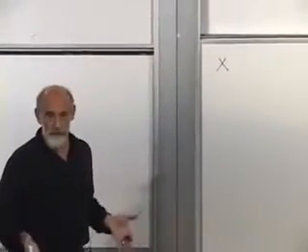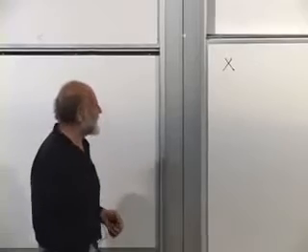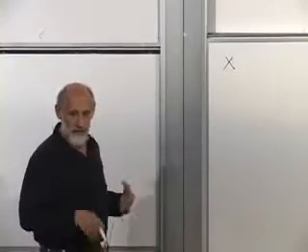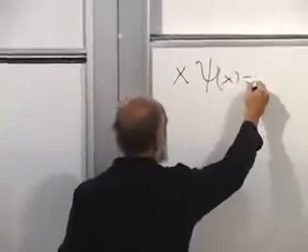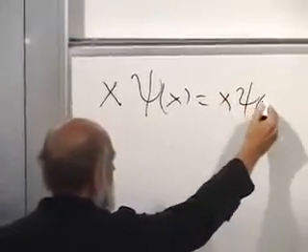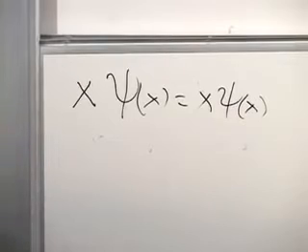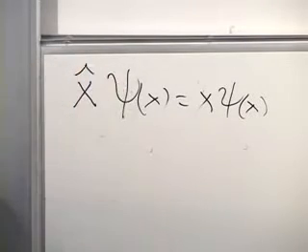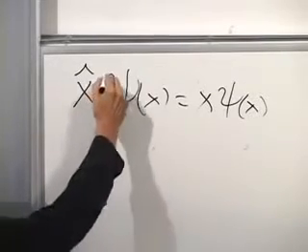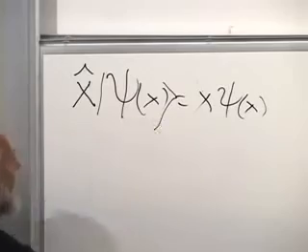X just multiplies the wave function by x. I don't know how to write this except to write that x acts on psi of x to give x times psi of x. That's a stupid looking equation, isn't it? Oh, I know what to do. Let's put a hat over it to indicate that it's an operator, and let's put a ket vector around this to indicate that it's a ket.